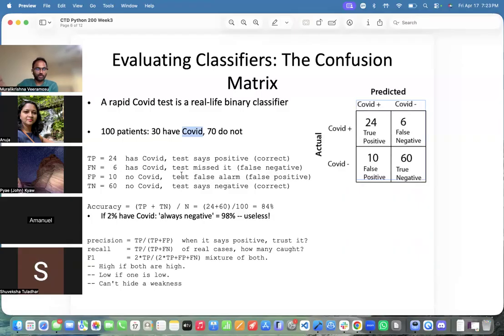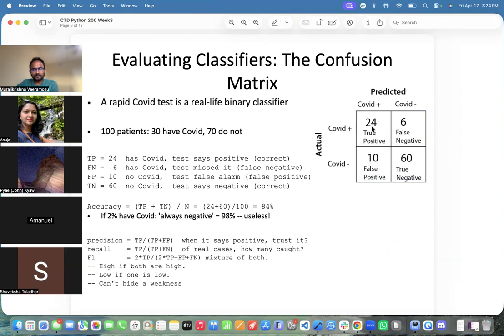We need to evaluate the model, right? How do we evaluate the classifier? You can look at the confusion matrix of the classifier to understand how well it is predicting. This is an example of a confusion matrix plotted for COVID test data.